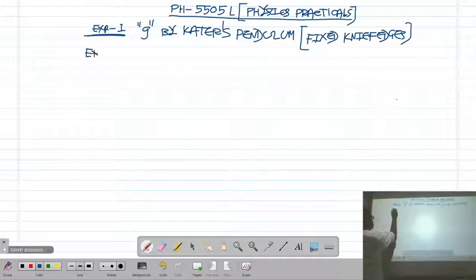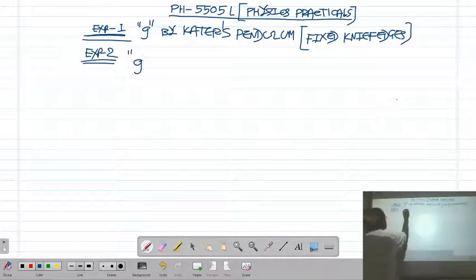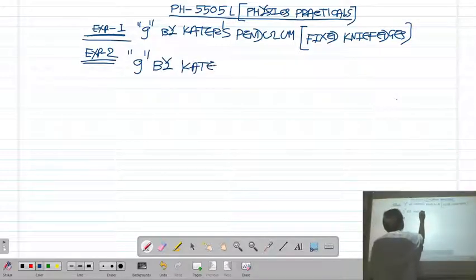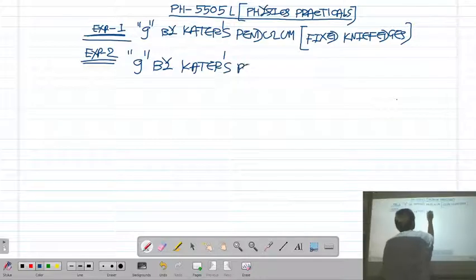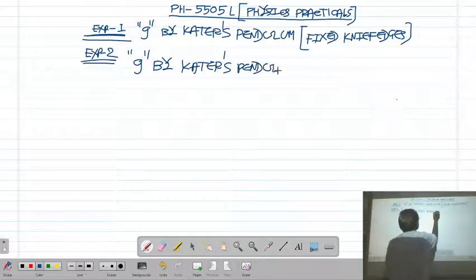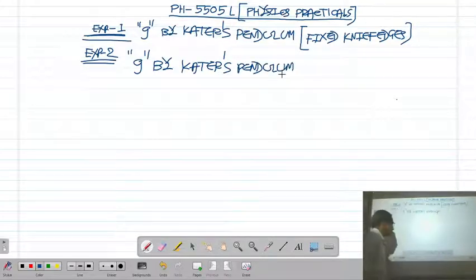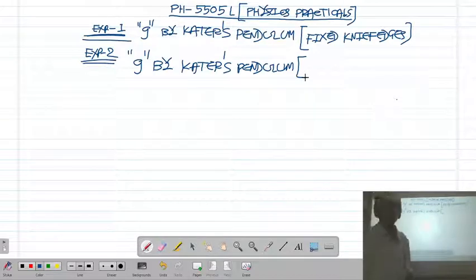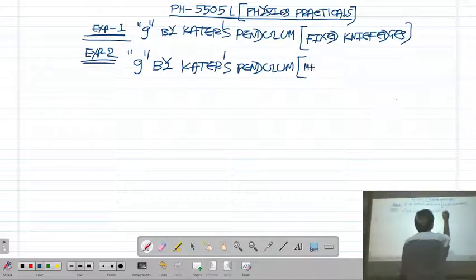Today we are going to discuss the second experiment. It is also g by Kepler's pendulum, but we have to perform this experiment with movable knife edges.